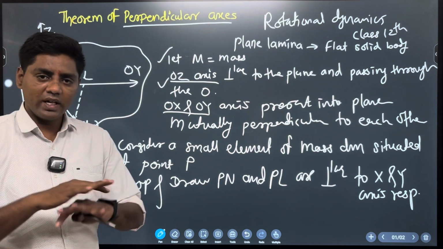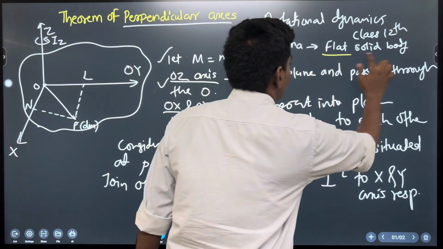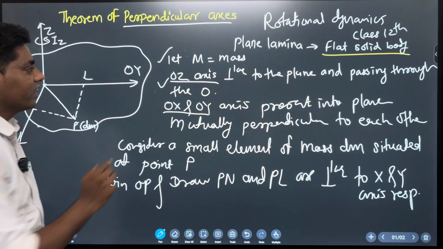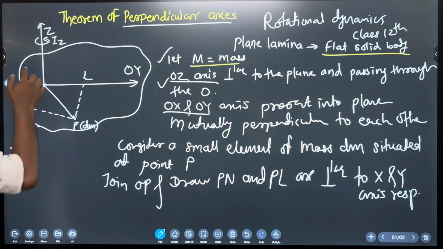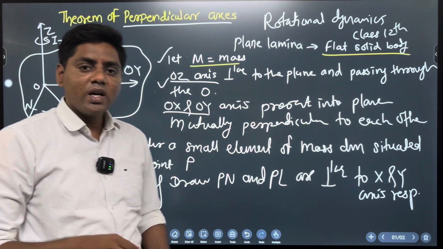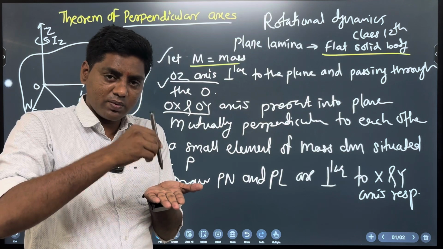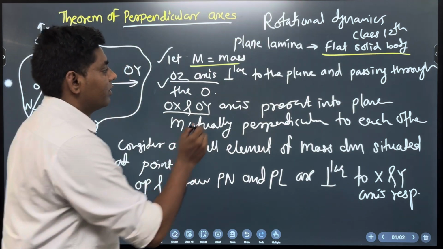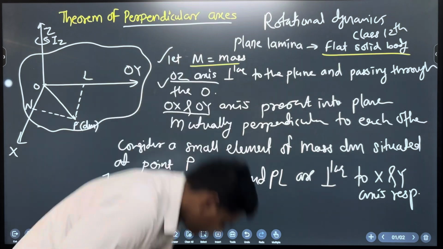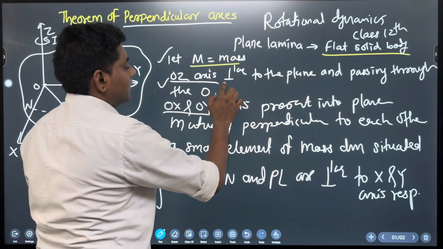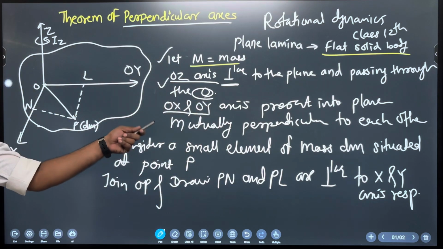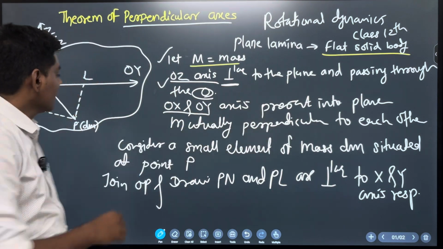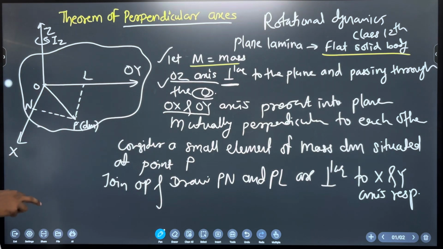We consider the plane lamina, a flat solid body of mass M. Then we draw the OZ axis. The statement to remember about the OZ axis is that it is perpendicular to its plane and passing through the point O. After that we draw the OX and OY axes, which are mutually perpendicular to each other and present in that plane.